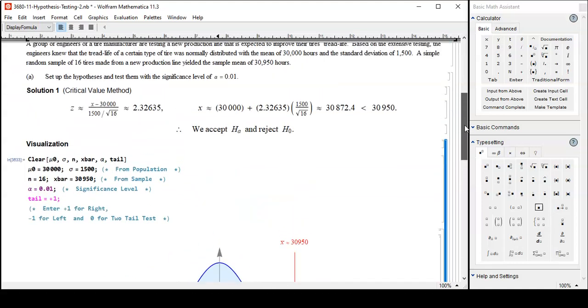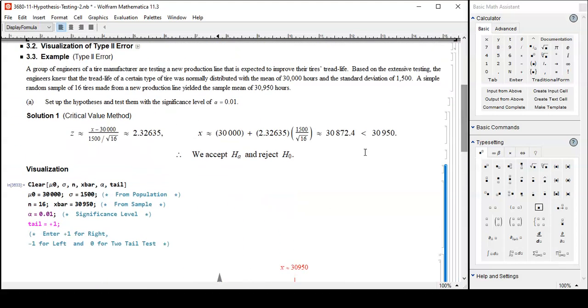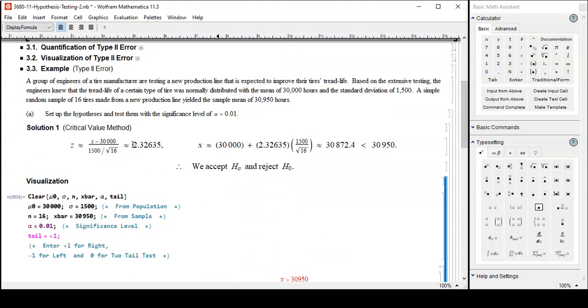So it's kind of like this. Normal picture around null, 30,000, and then we get the critical value obtained by x-bar minus center over SE. The z-score associated to this 1% here and 99% there is about 2.33.